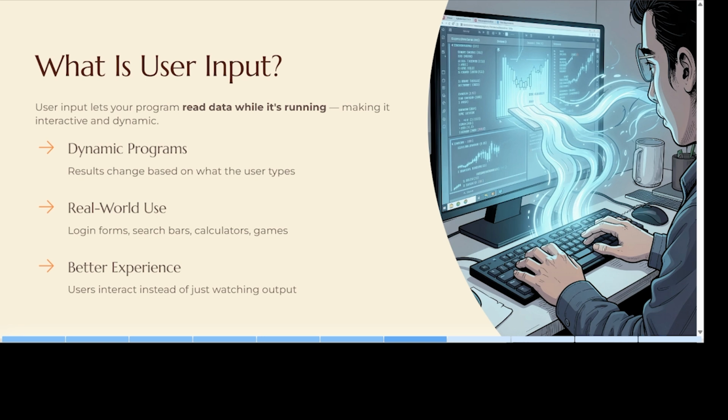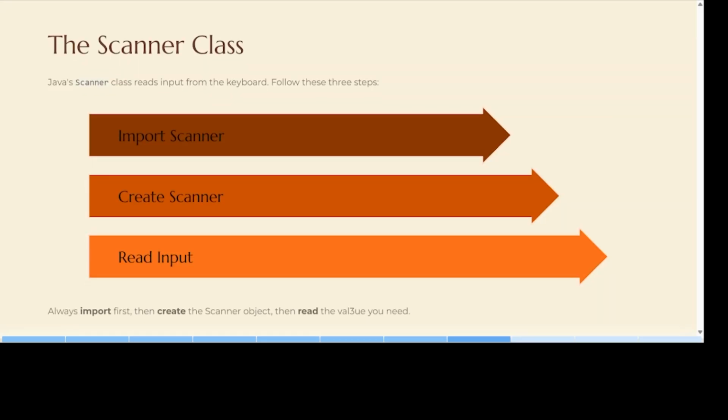What the user types is automatically received. In the real world, it is used for login forms, where the user enters the username as well as the password. It provides a better experience to users, as the user interacts with the app.